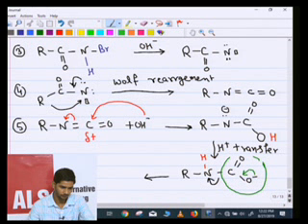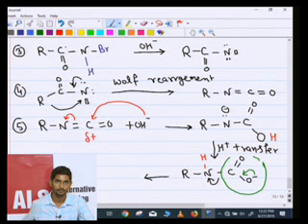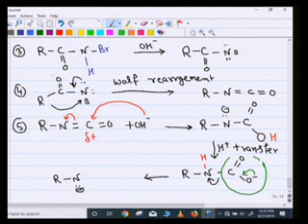This bond will shift over there. We will get R, N, negative charge, with H.